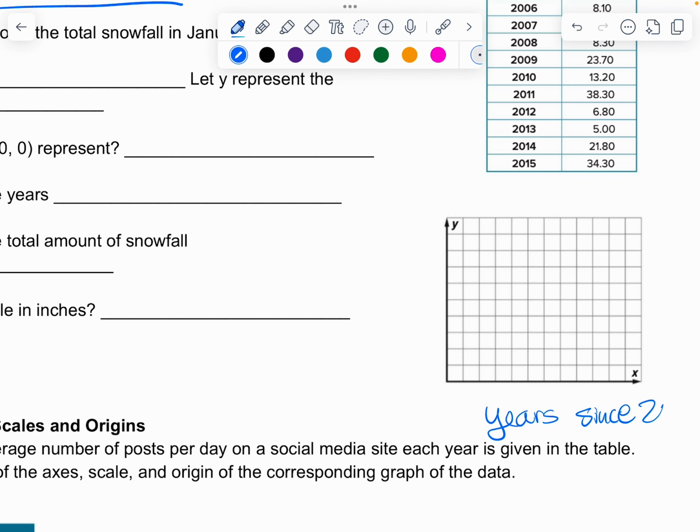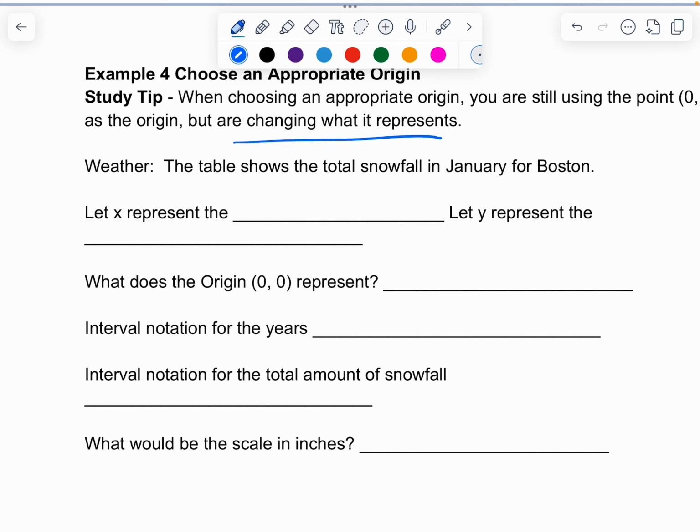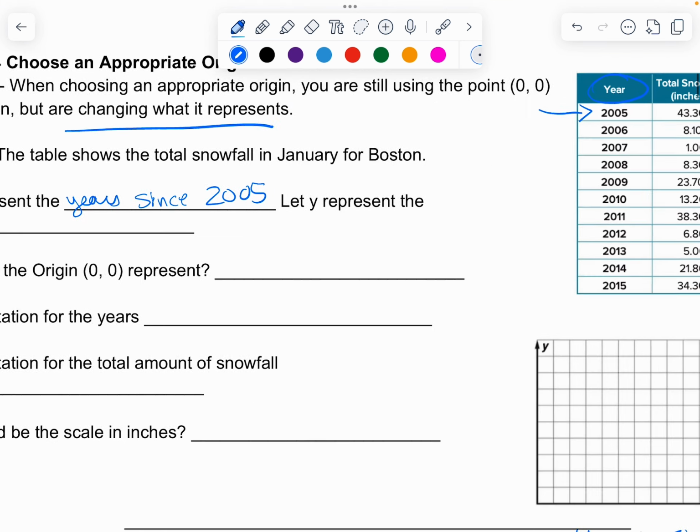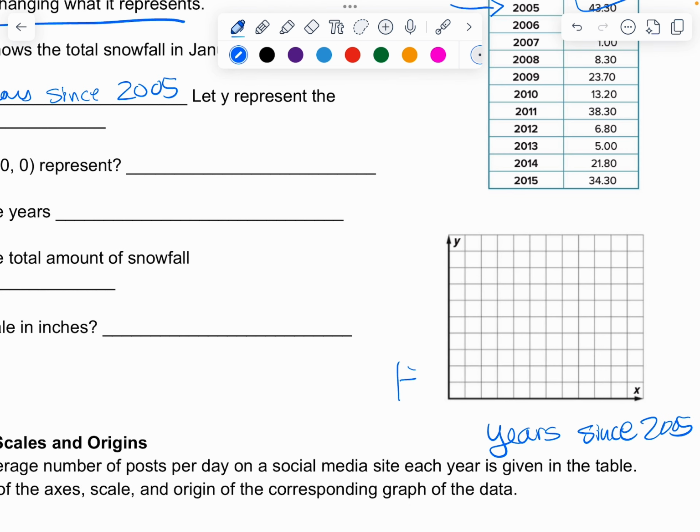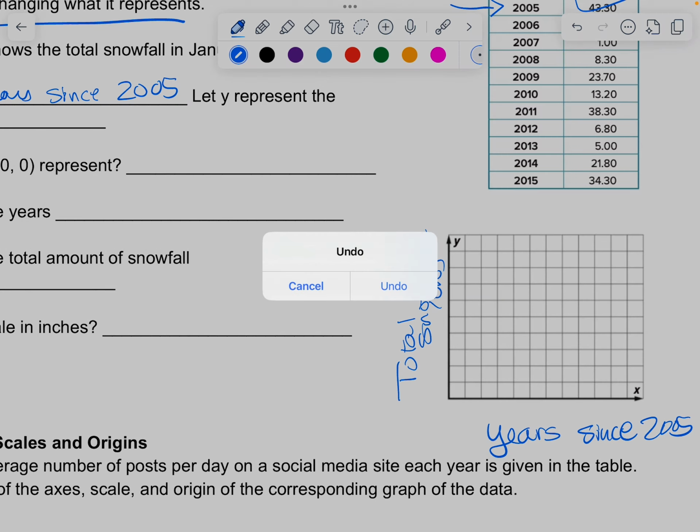We want to do years since 2005. Let y's represent, let's look right here, total snowfall in inches. Okay?